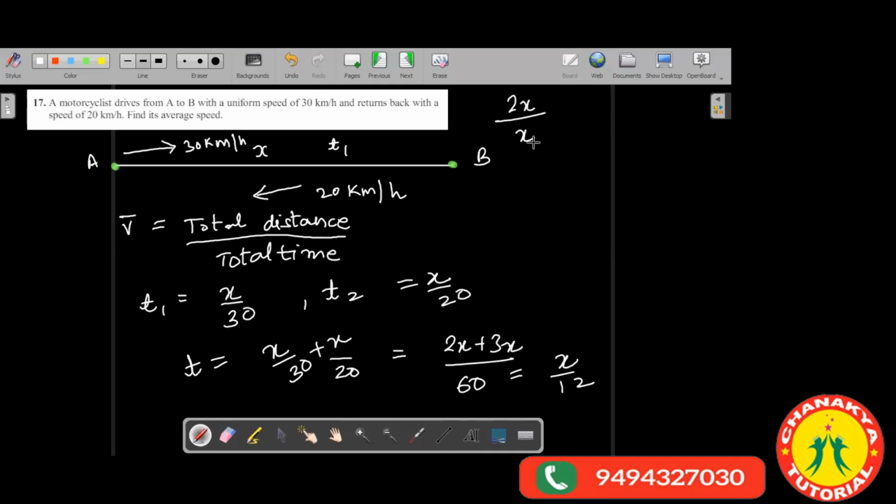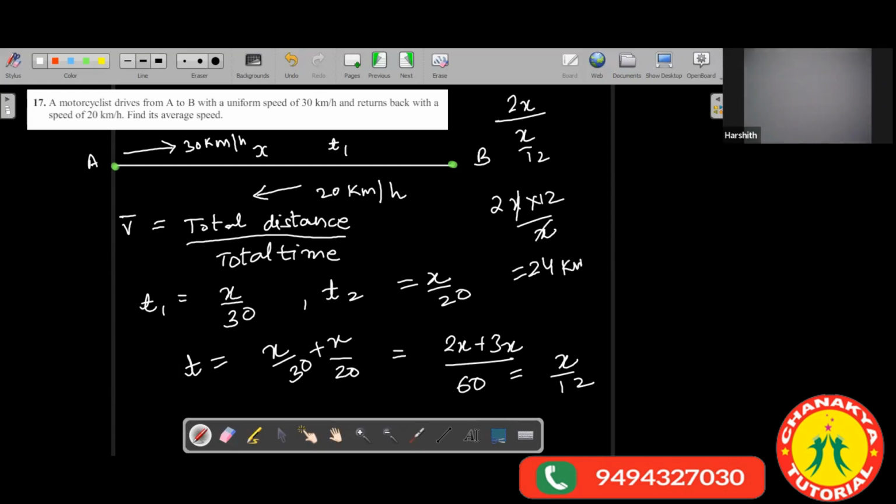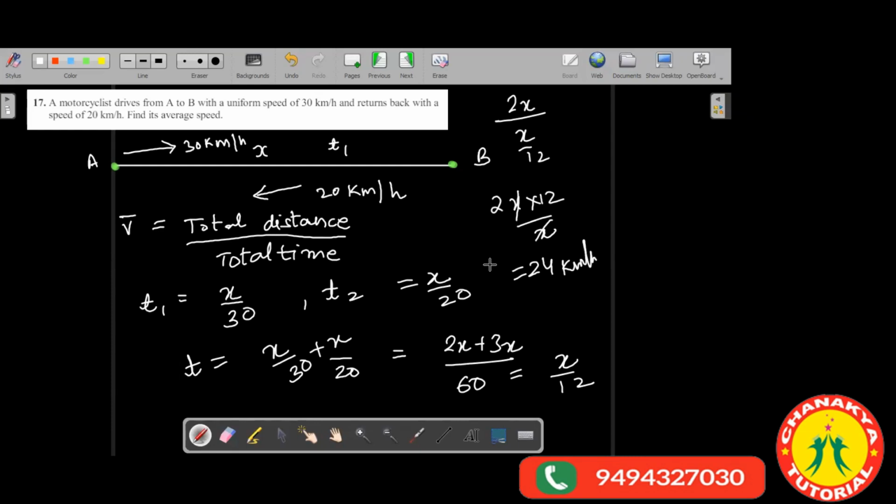And hence you will get 2x multiplied by 12 by x. Anyone got the answer? 24 kilometers per hour. Yeah, we have got 24 km per hour as the average speed. So average speed is 24 km per hour for this journey.